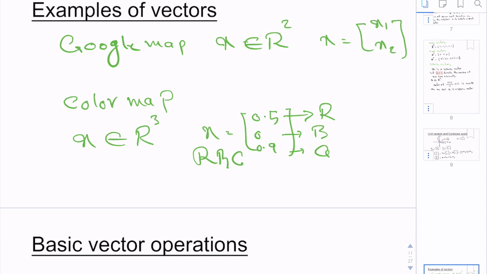Vectors are used in natural language processing. When you have a document, you can map the document to a vector. For instance, you first get rid of all stop words, then you have words, you map the words to integers, and then you present that document as a vector. Then we do some sort of one-hot encoding, which we will talk about later when we cover deep learning.